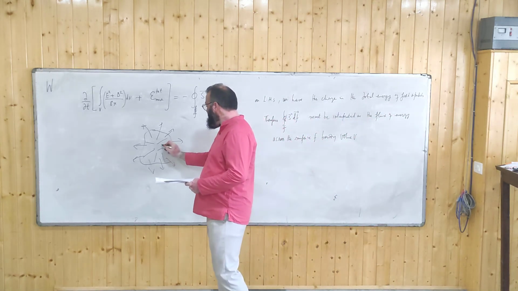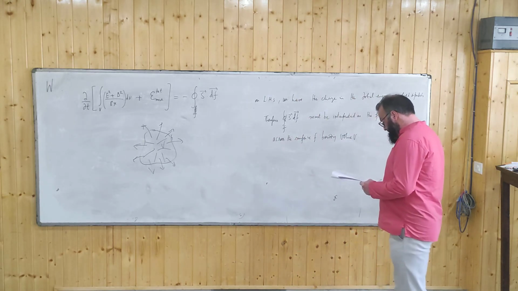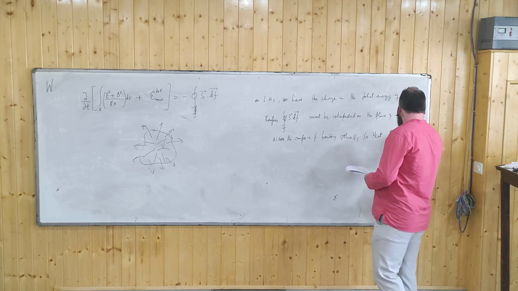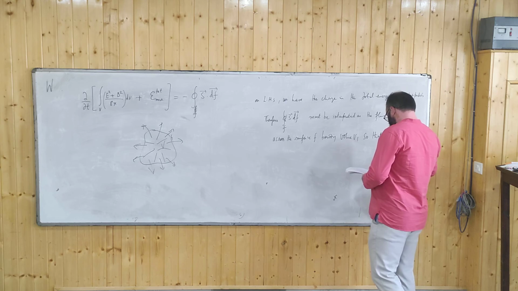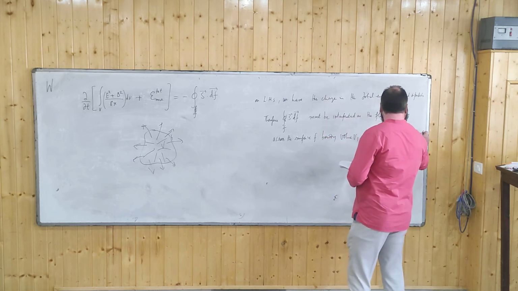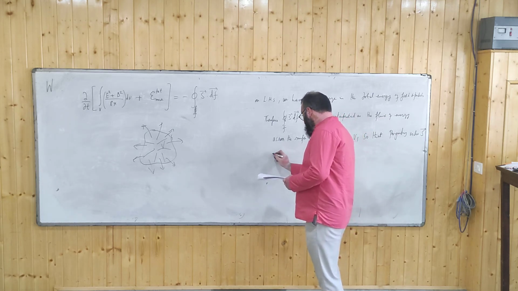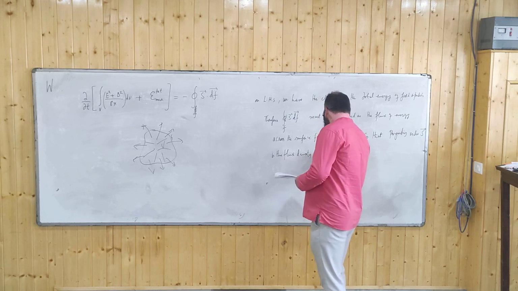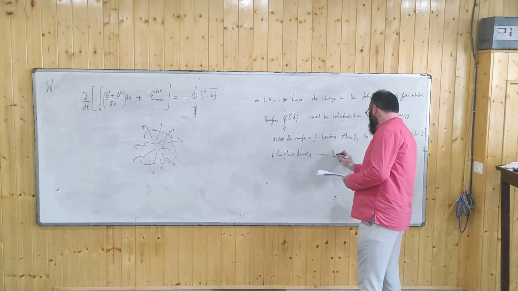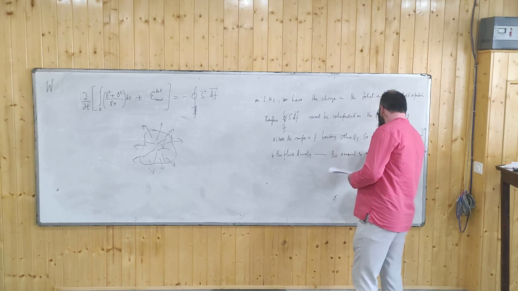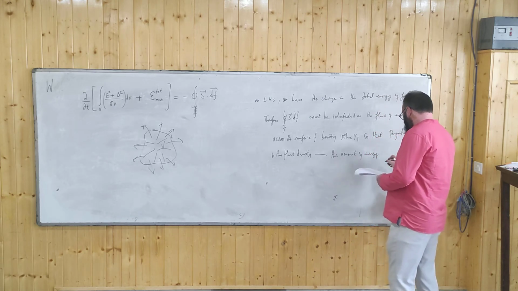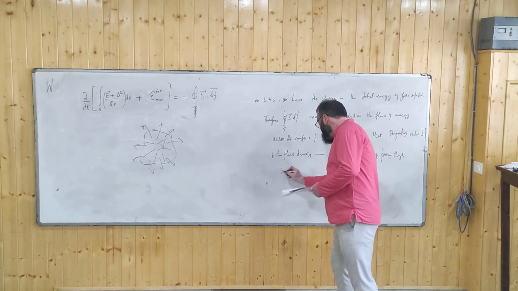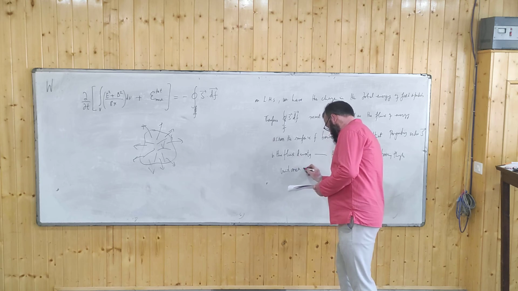So this is the volume V, and you are having the surface F here. So the Poynting vector S means the amount of energy passing through unit area of the surface.